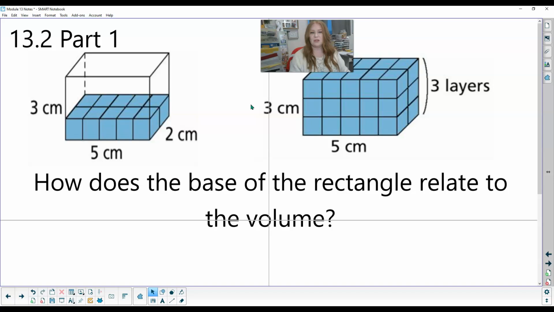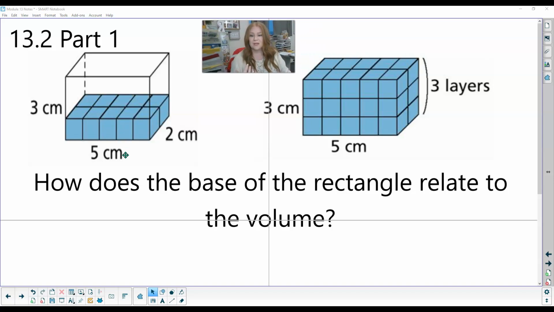So let's take a look at this problem here. How does the base of this rectangular prism, the bottom of it, relate to the volume? To get a base, we take length and width, and that makes this bottom shape.